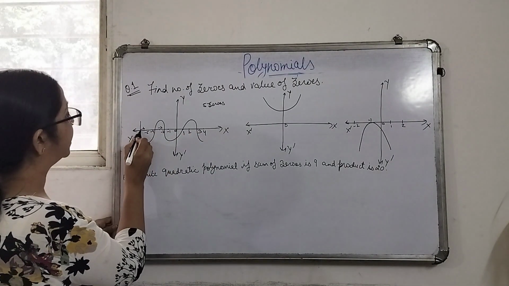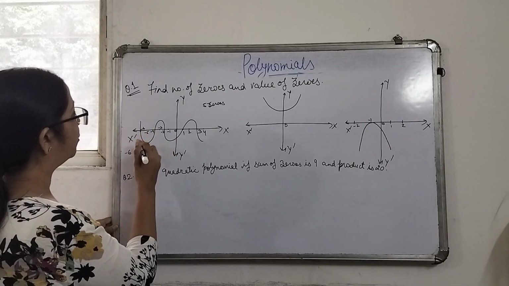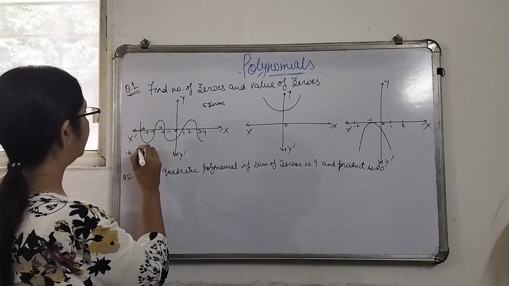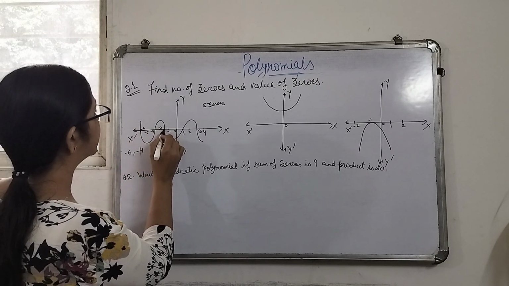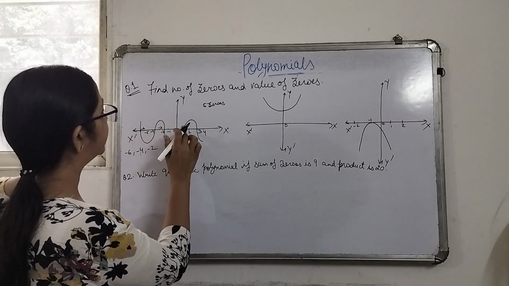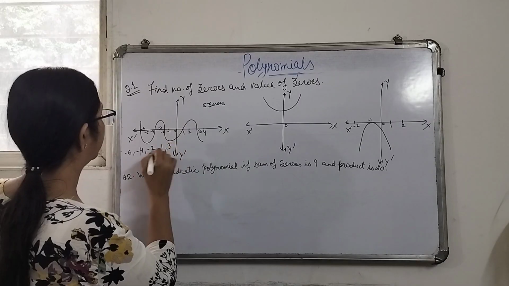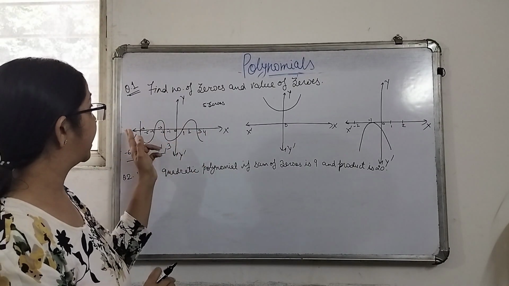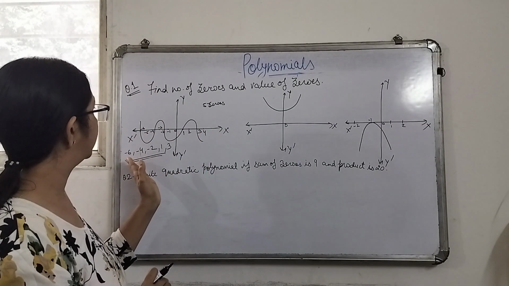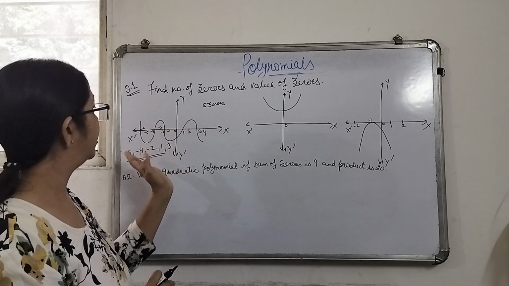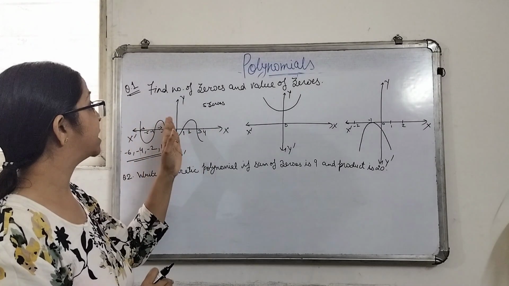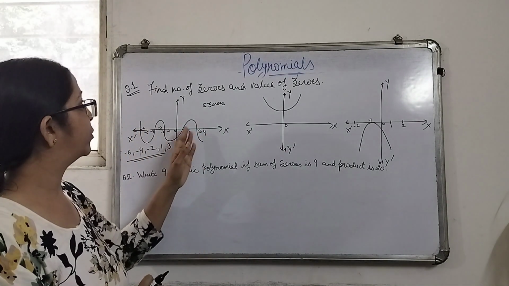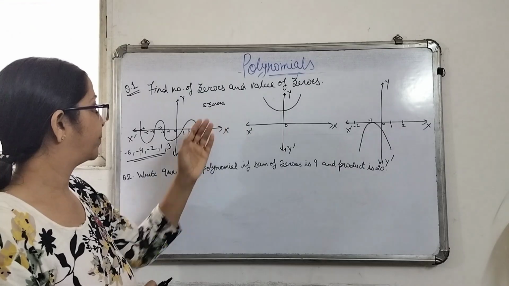It is intersecting at -6, -4, -2, and here at 1 and 3. So these are the zeros of the polynomial. And it is intersecting at 5 distinct points. That's the reason this will have 5 zeros.